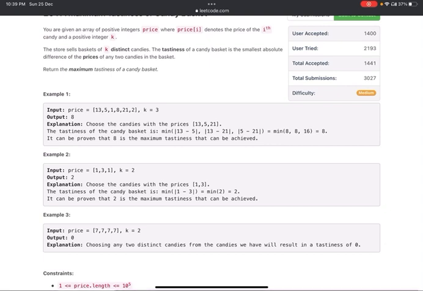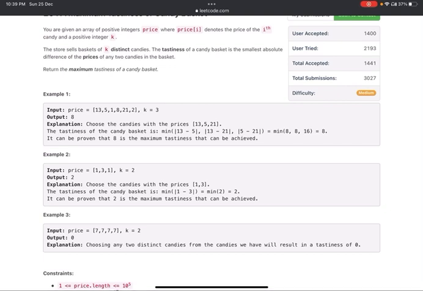If we are choosing a basket with candies, we don't have to check every pair of candies for calculating the tastiness, that is the smallest absolute difference of prices.